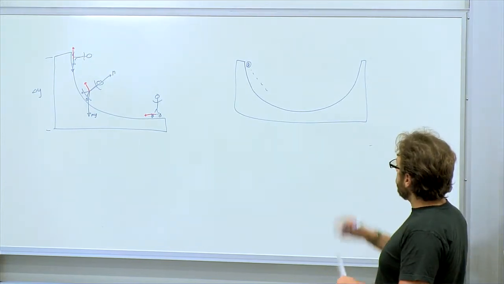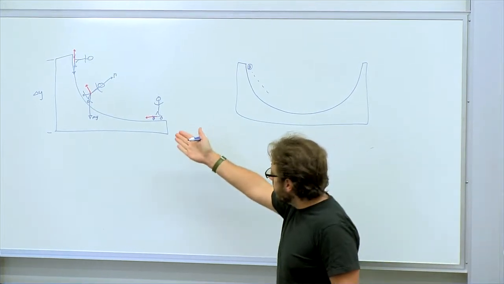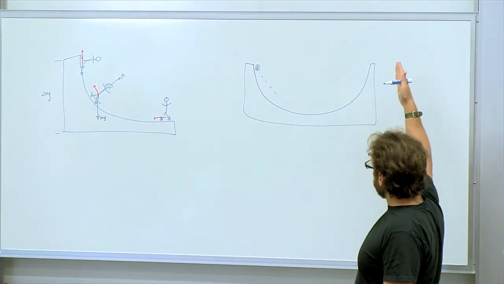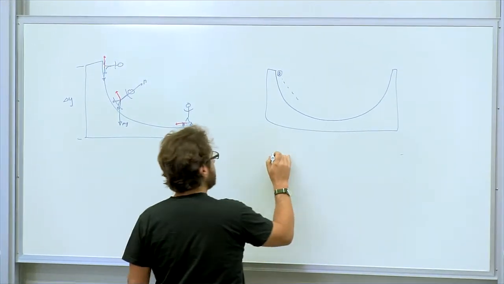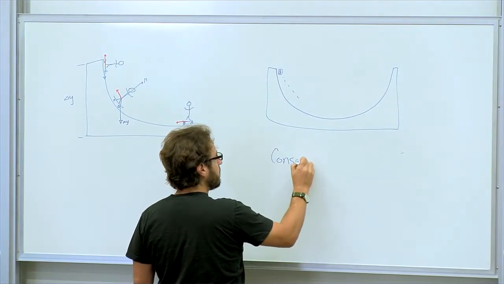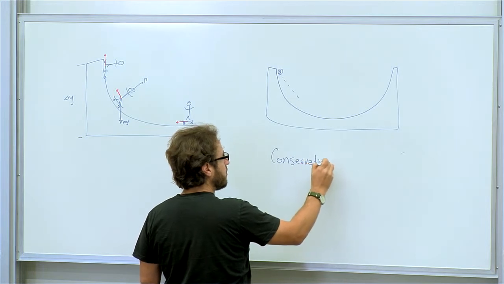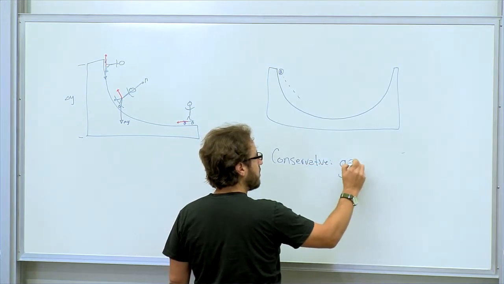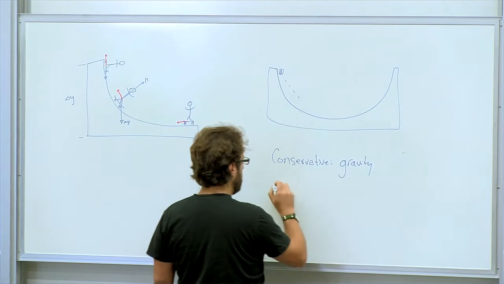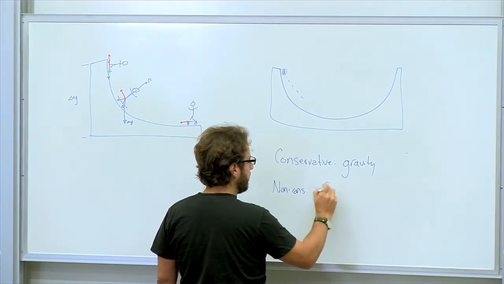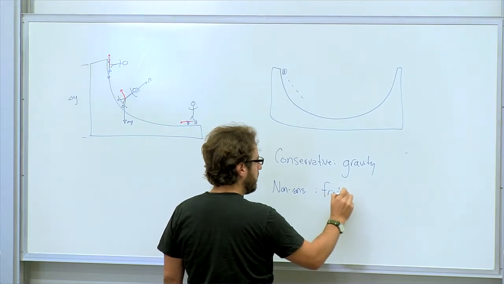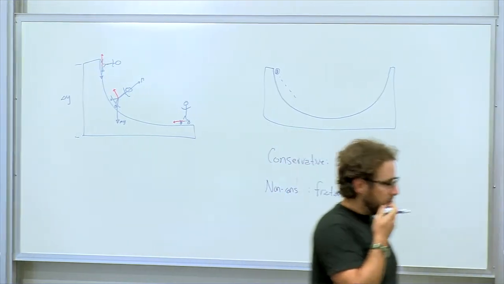So in this case, we have conservative forces like gravity, where you can take the energy and retrieve it, and non-conservative forces like friction.